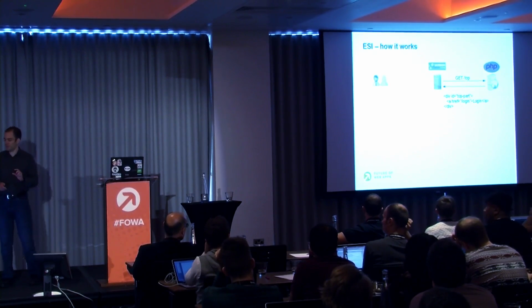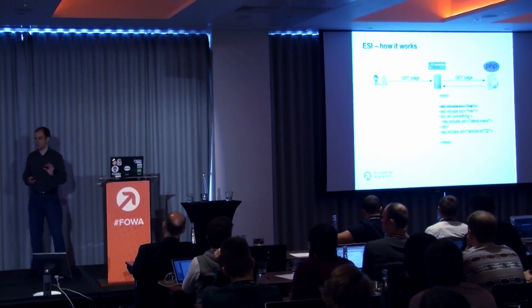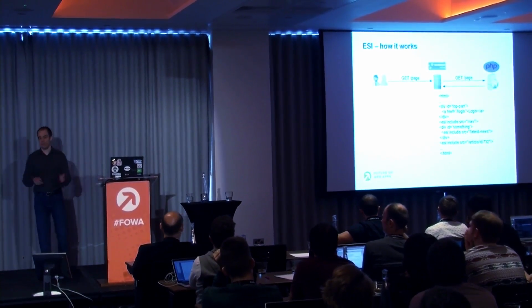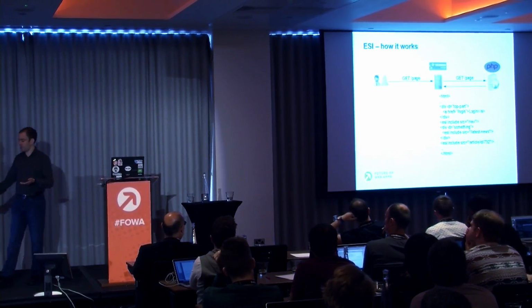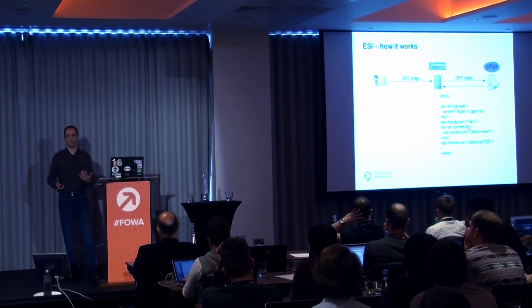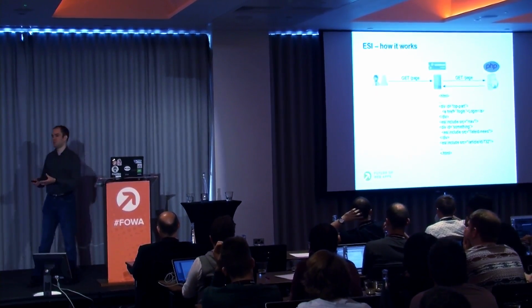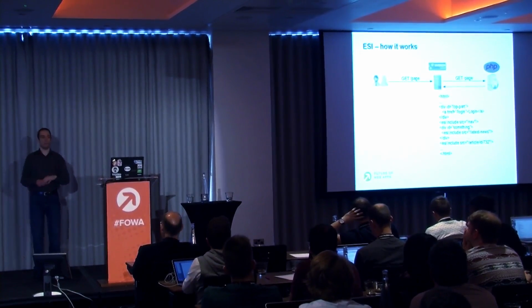Now, Varnish will take this piece of code and put it exactly where that ESI include was. So you get this. And it will do the same thing for /nav and all the other stuff. And as you can see, there can be a div ID equals something. It doesn't really matter. It's still HTML, and Varnish will only interpret all the ESI tags. So in the end, you end up with a complete page.